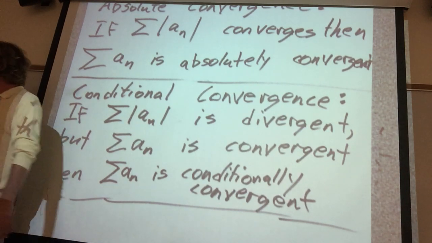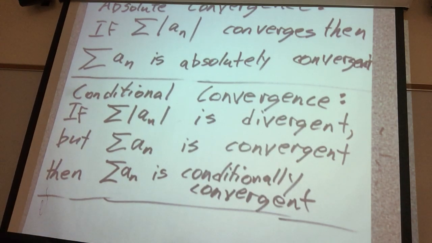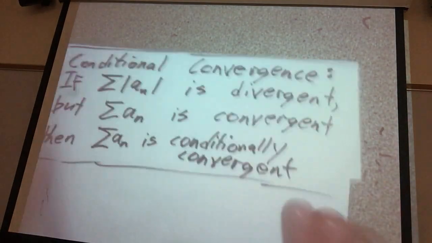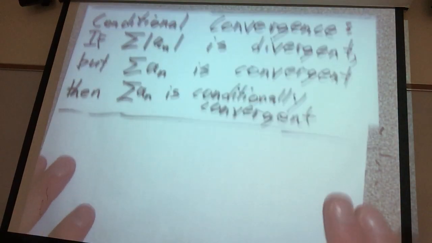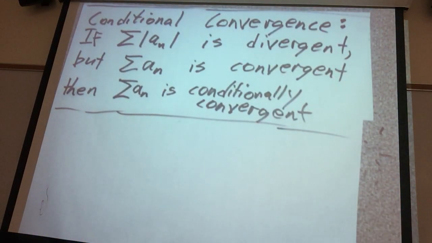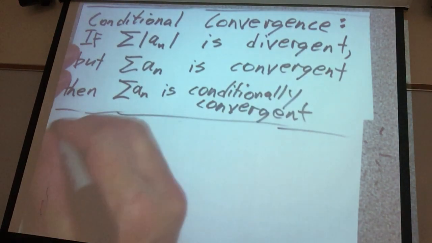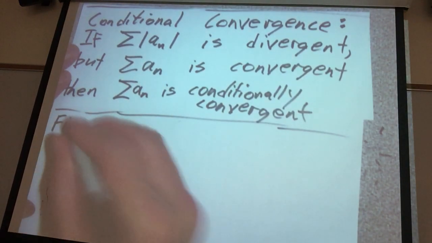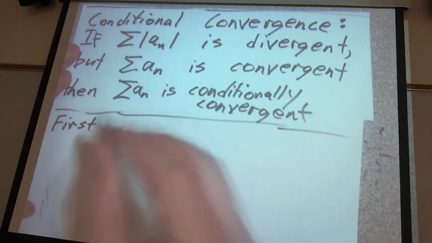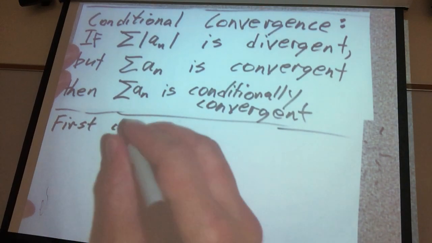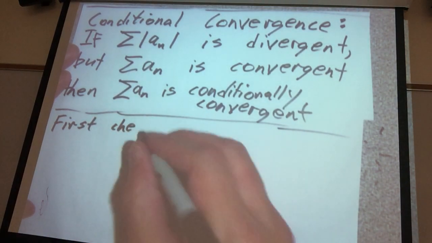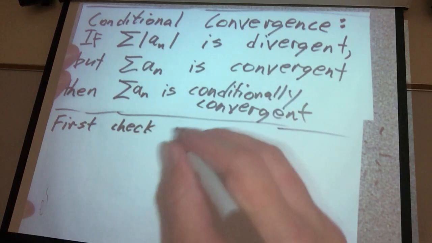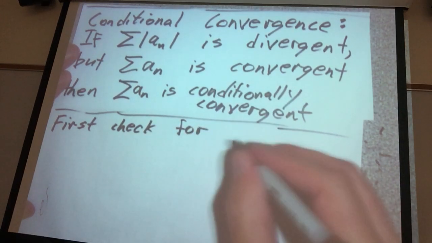Okay? So, what you have to do to check for these different types of convergence, right? So the first step is to first check for absolute convergence. Use some abbreviations.